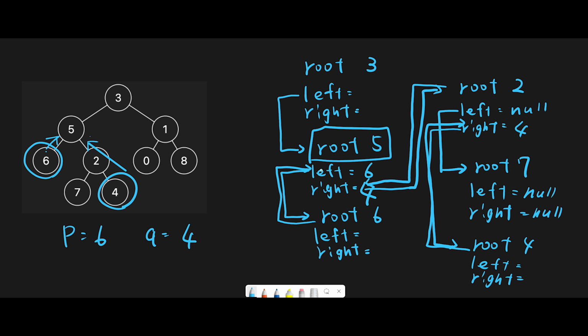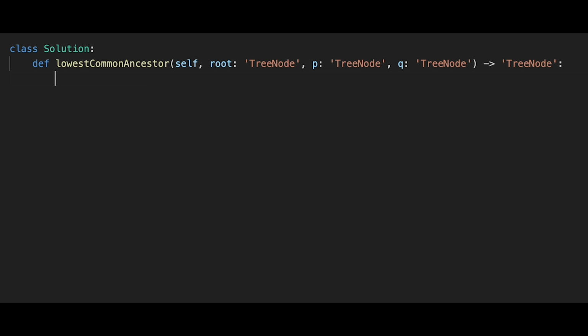Yeah, so that is the basic idea to solve this question. So let's jump into the code. Okay, let's write the code. First of all, create a base case. If not root, so that means reaching the child of a leaf node, or root equals P or root equals Q, in that case we should return the root node.